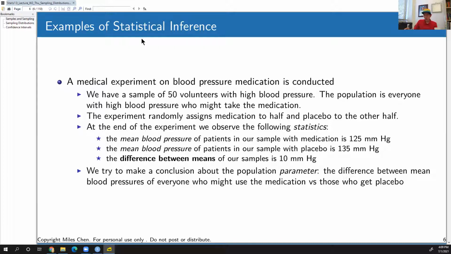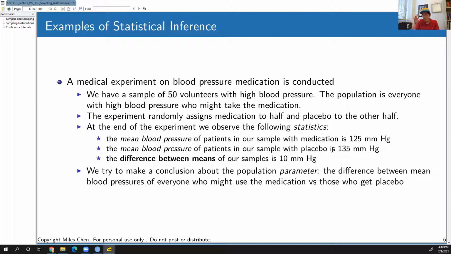And so we do some kind of controlled experiment. We give some people the placebo, some people the actual medicine. At the end of the experiment, we get these statistics. The mean blood pressure in our sample for patients who took the medication is 125. The blood pressure for the patients who got placebo is 135, right?